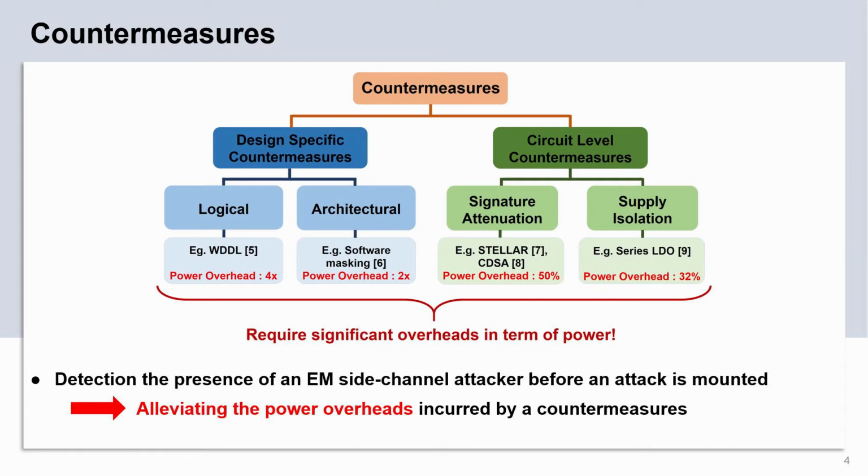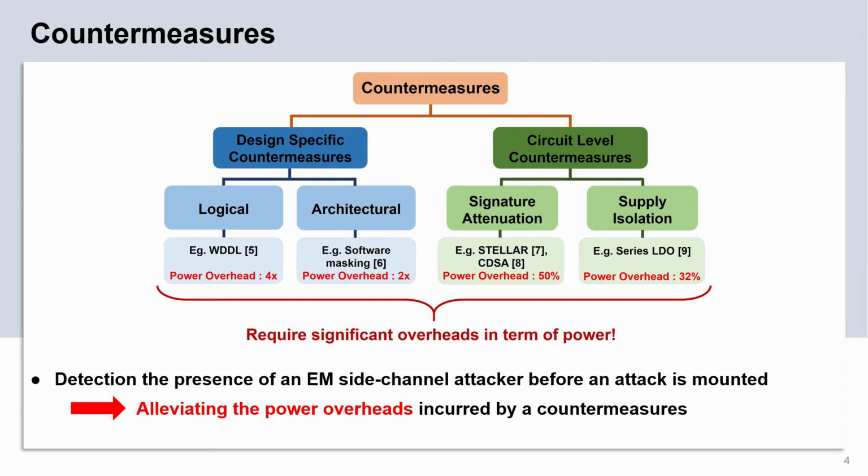To solve the problem, this work adopts a proactive strategy to detect the presence of an EM side channel attacker even before an attack is mounted, thereby alleviating the overhead incurred by a countermeasure against such attacks.